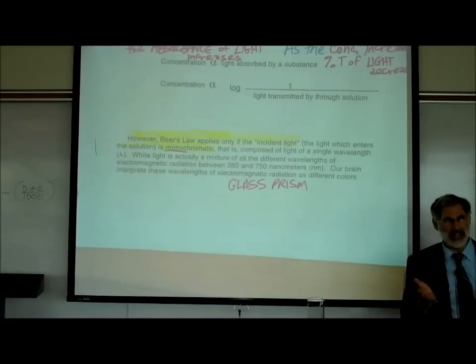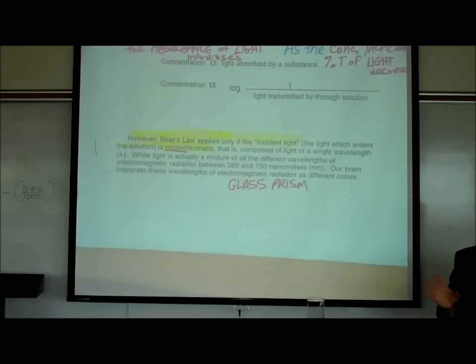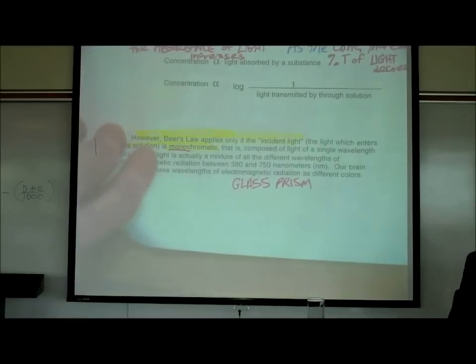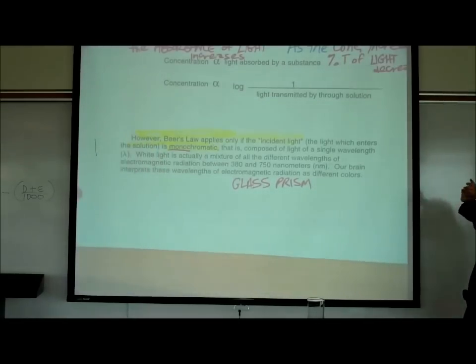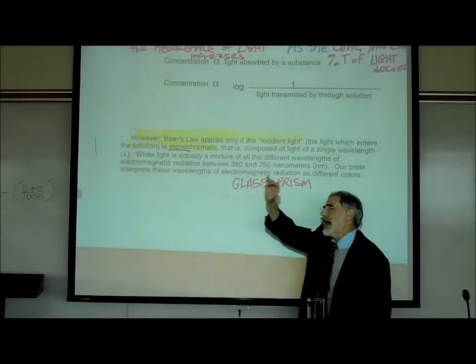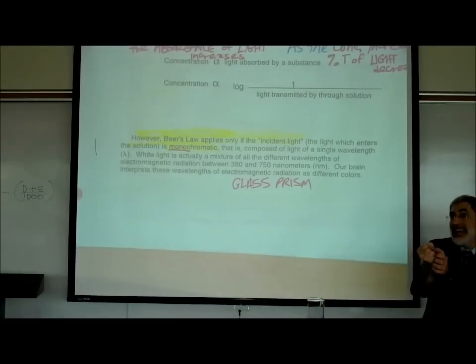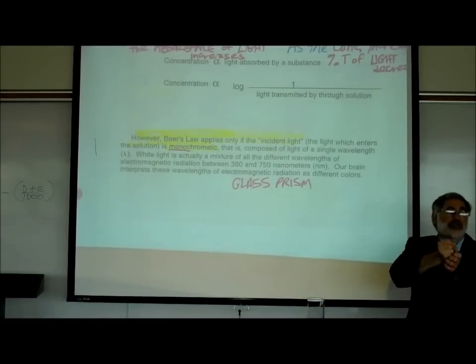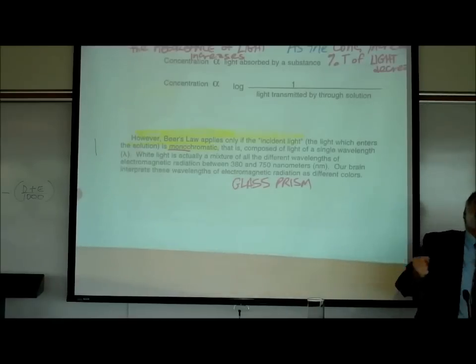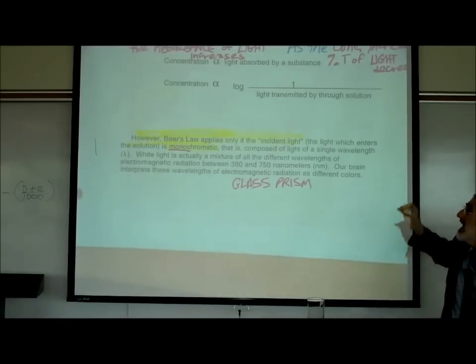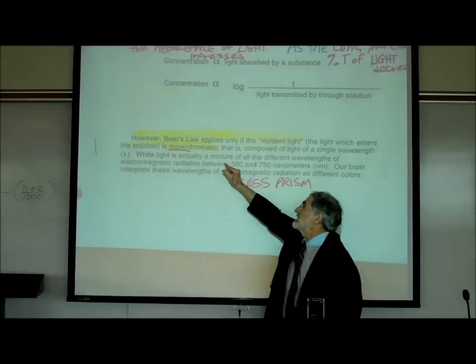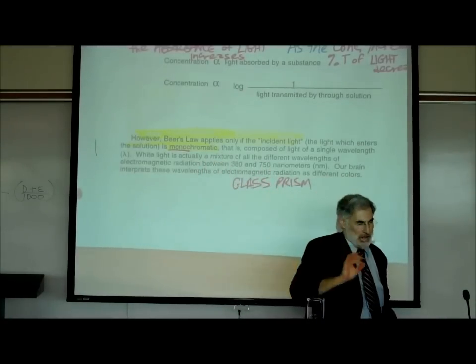Okay, if you follow any of that, great, and if you didn't, don't worry about it. This is not a course in chemistry. We just use chemistry. Now, how do we ensure that the light going through this solution, which is going to be that chemical in the solution, whether it's glucose or potassium, is going to be absorbing certain colors of light? How do we make sure that the light is only of a single wavelength?